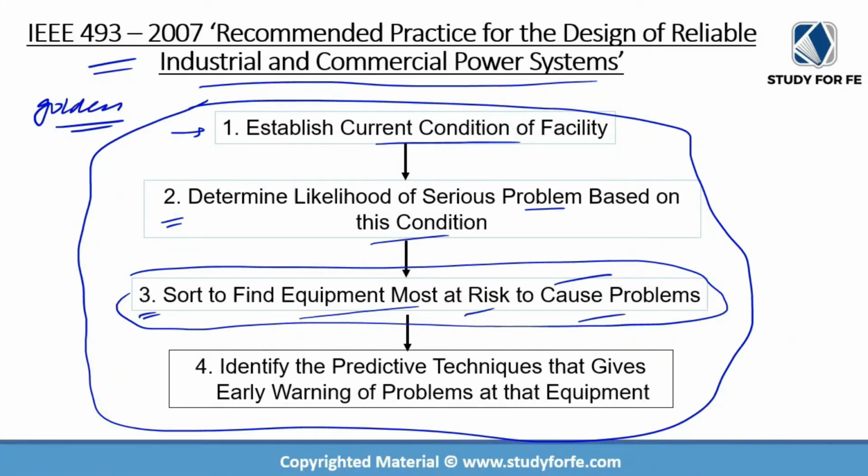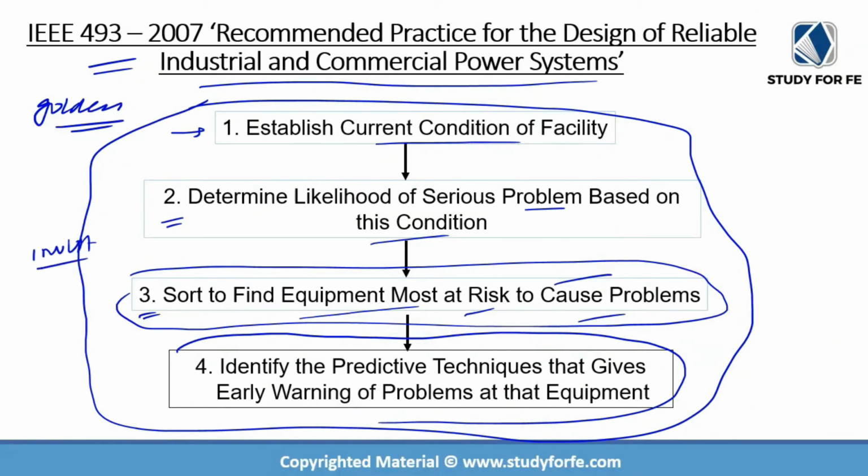So they want you to list those equipment that can cause serious outages or impact to some critical components of your system. And finally, you have to identify the predictive techniques that give early warning of problems at that equipment. So once you've identified, okay, I have a 1 MVA transformer, which if it fails, then you know the entire line is going to go down, right?